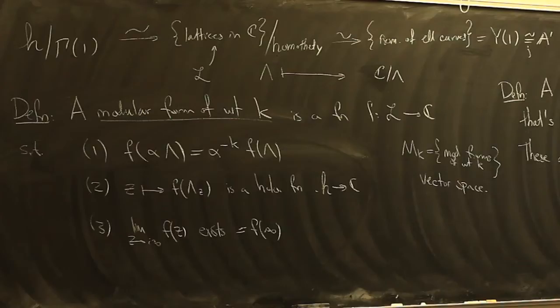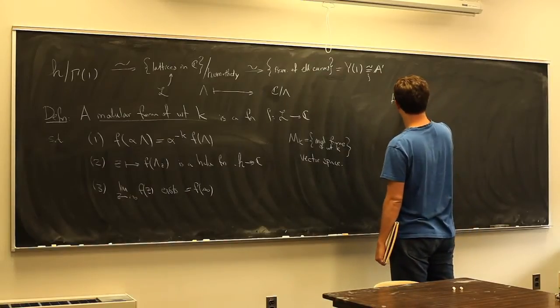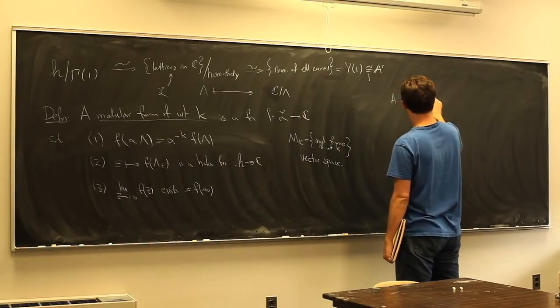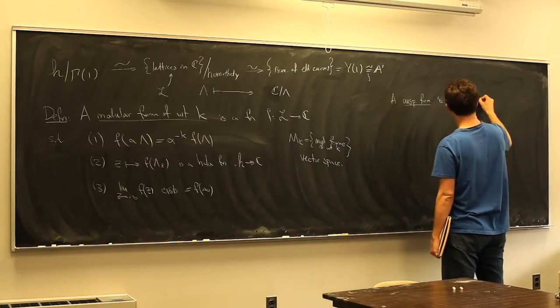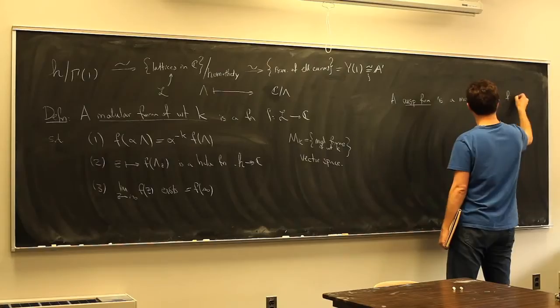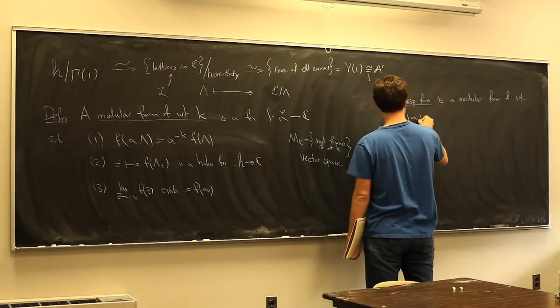And then there's a variant which is called a cusp form, which is also just defined now. So a cusp form is just a modular form that vanishes at the cusp. It's a modular form f by this definition such that f of infinity is equal to 0.